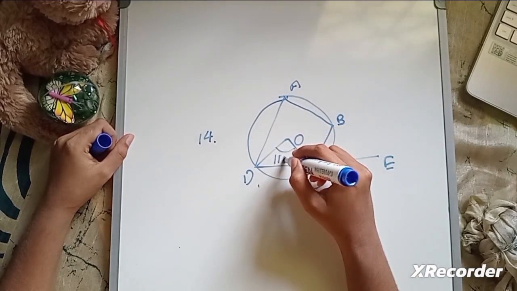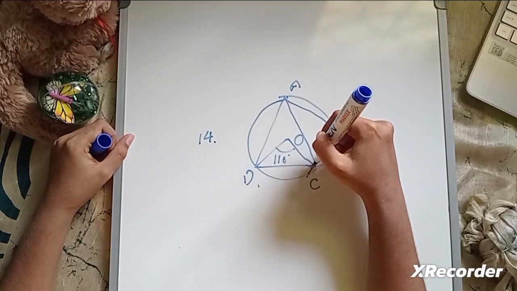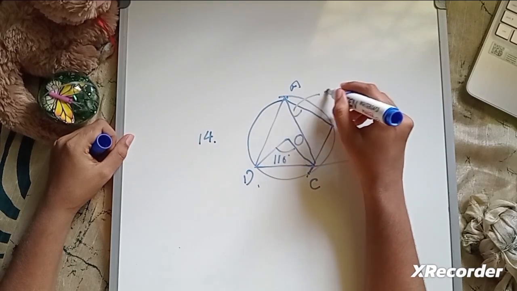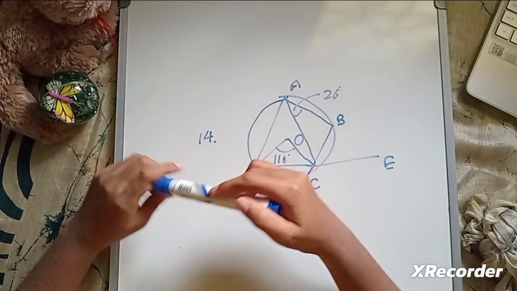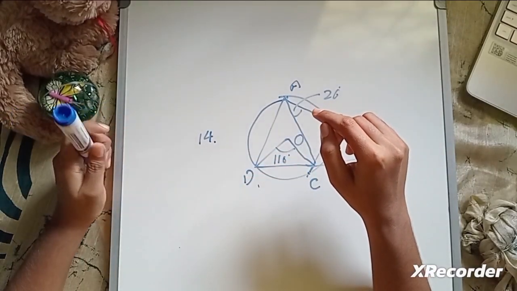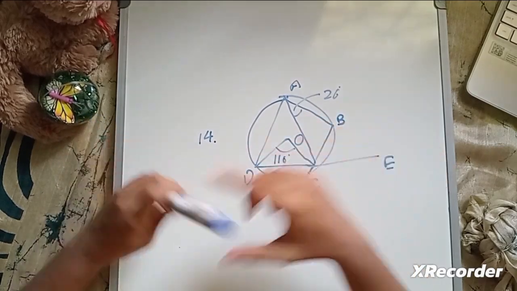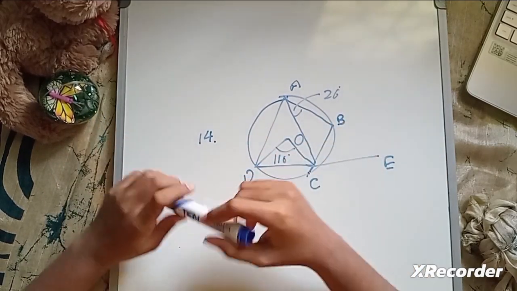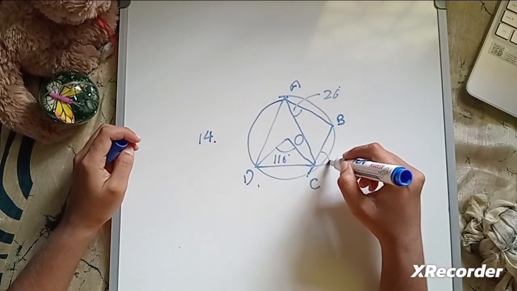The angle here is 110, then this angle is 20 degrees. So find the magnitude of angle BCE based on the given information. We have to find the angle BCE. This one.